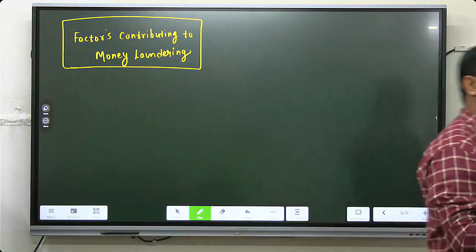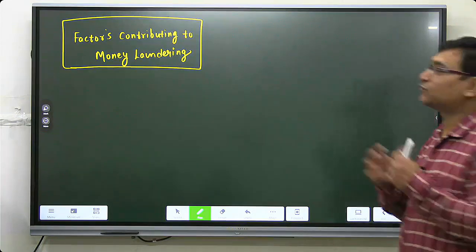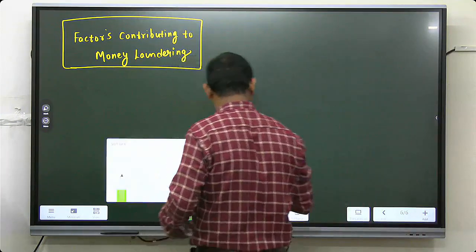What are the factors which are contributing to these money laundering cases?